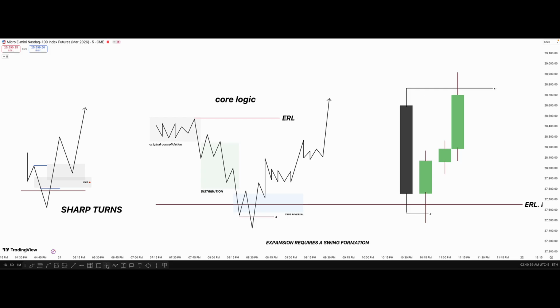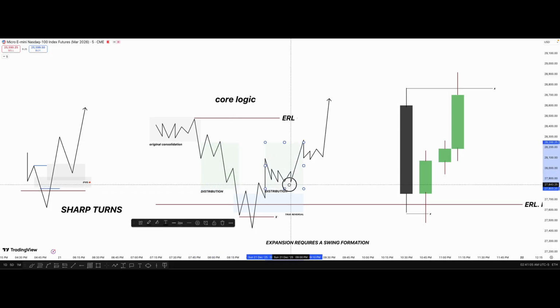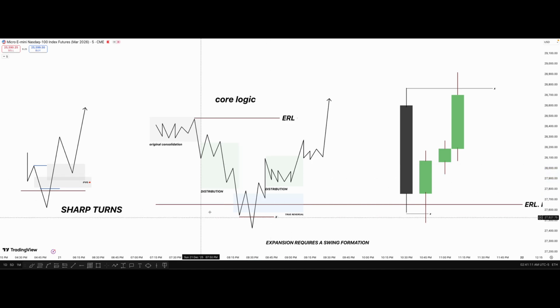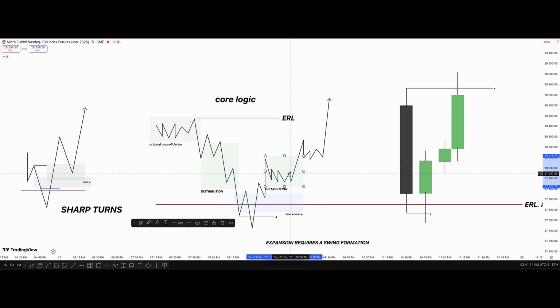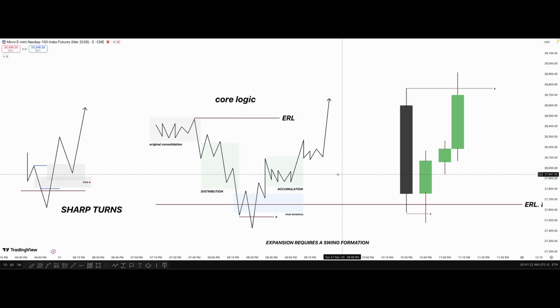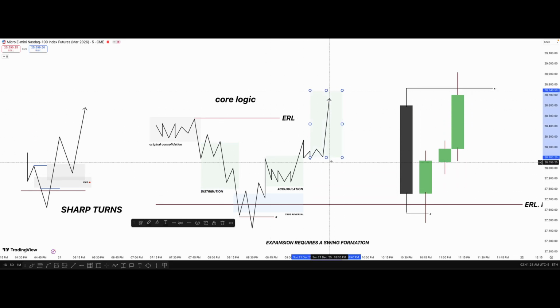And then you do what? Again, you reaccumulate the price. This is your reaccumulation phase. This is your accumulation phase, and then finally it hits with a distribution phase, right?